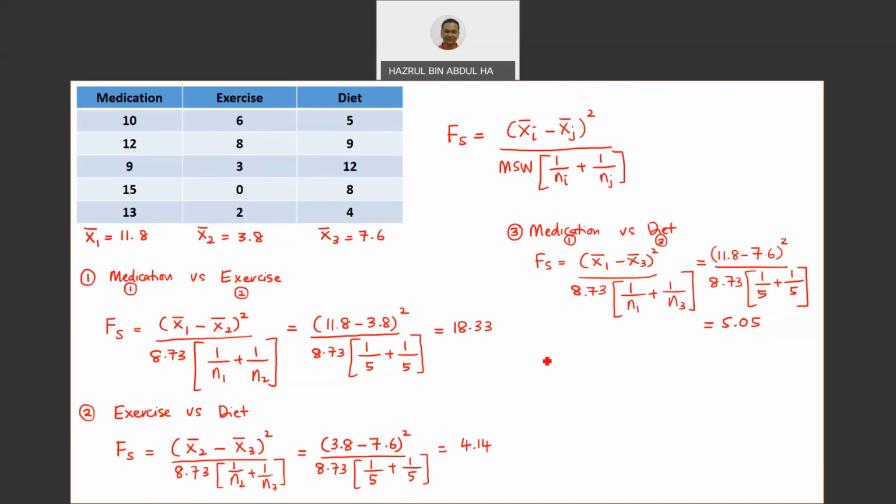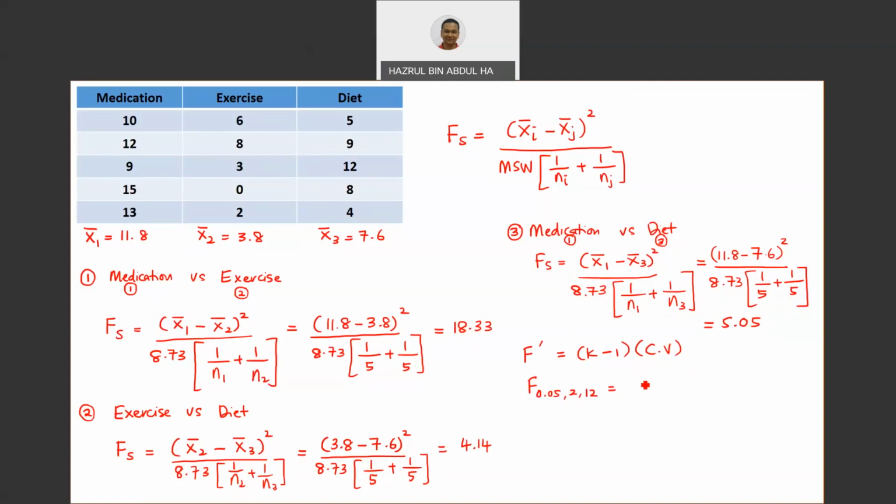The critical value for the Scheffe test, denoted by F prime, is equal to the number of categories K minus 1, multiplied by the critical value from the F distribution in the ANOVA. If you still remember, for this question F 0.05, degrees of freedom for the numerator is 2 and for the denominator is 12.